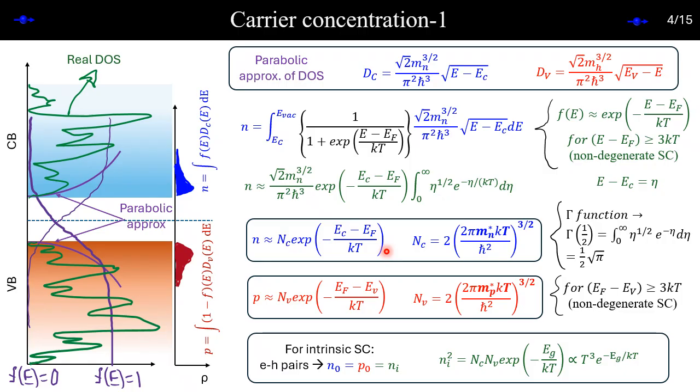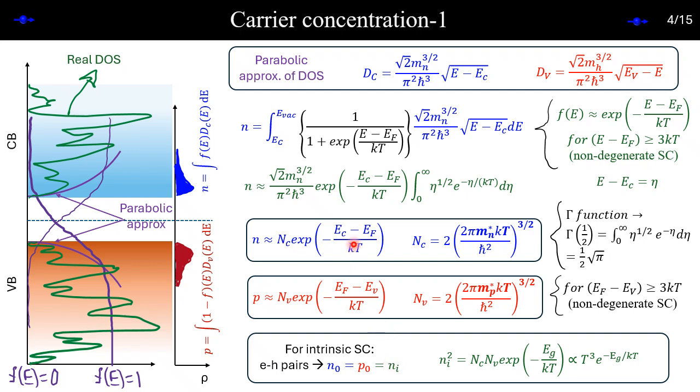N equals P, or N naught equals P naught, and I call it Ni. If you put N naught and P naught here, for intrinsic material the Fermi energy level lies nearly, we'll derive it soon, at the mid gap. From that you can get the intrinsic carrier concentration.